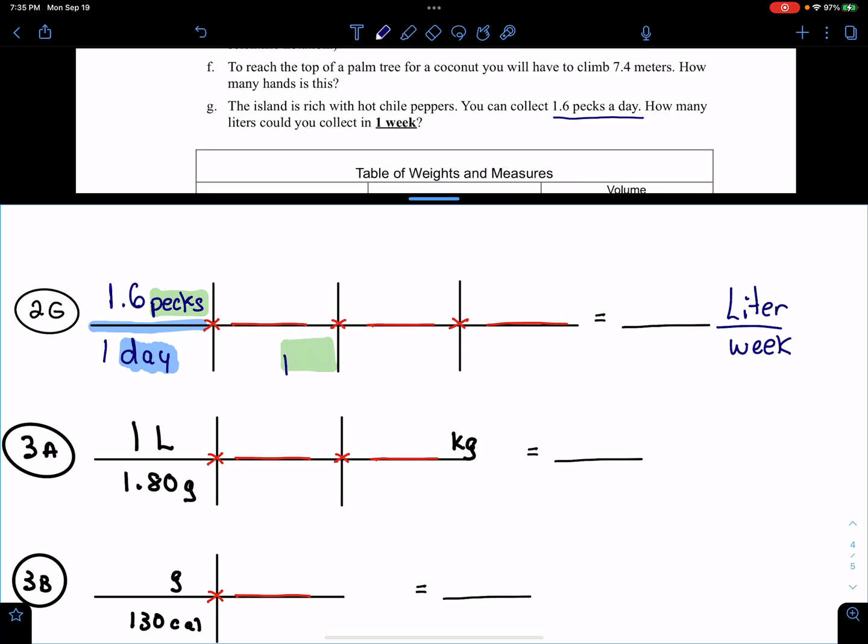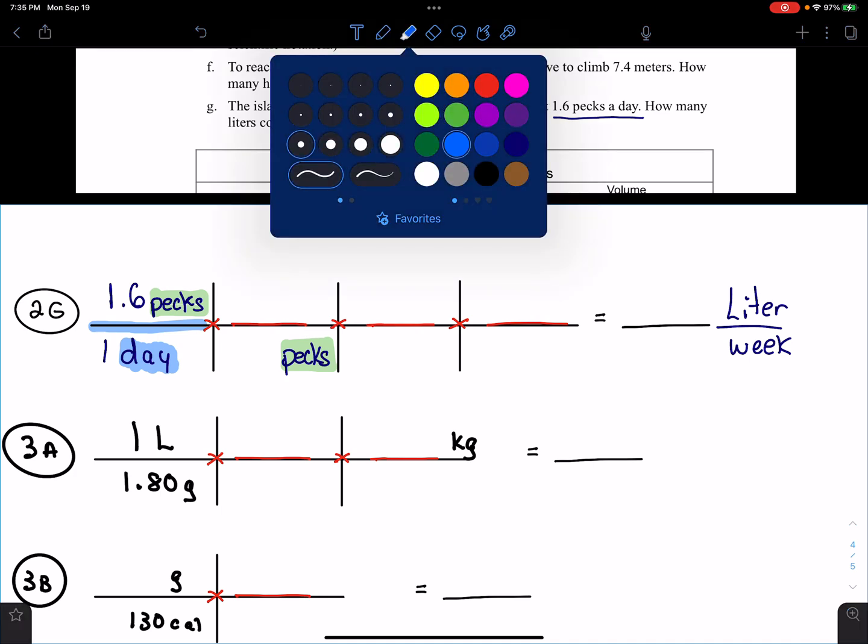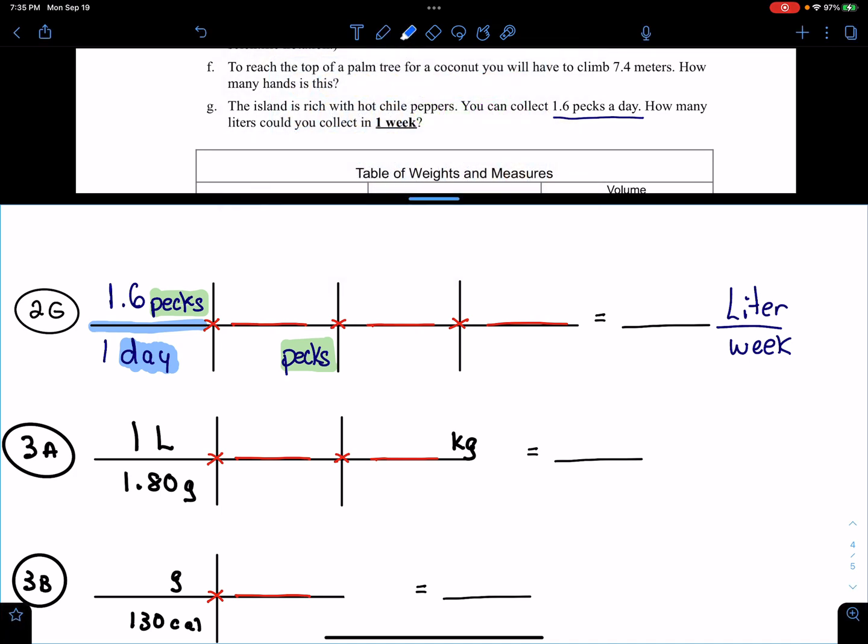So we'd put pecks here, no problem understanding that. But how about if we're trying to get rid of the day? Well, if we went from top left to bottom right to get rid of it, and we're trying to get rid of the day, that makes sense that we would go to the upper right for this one.